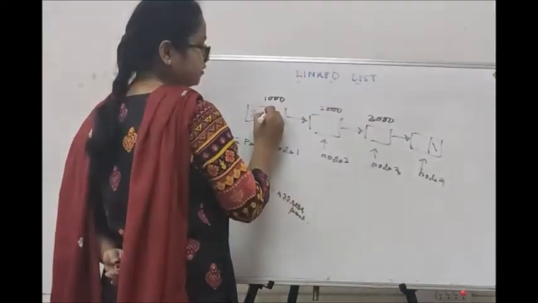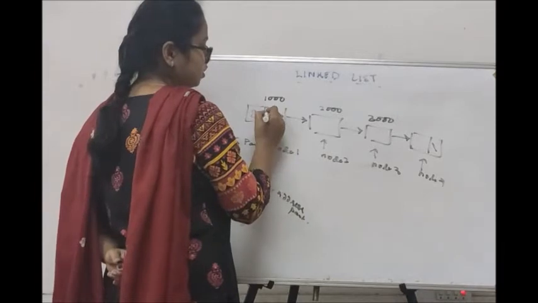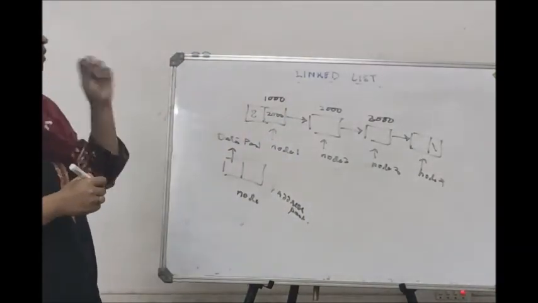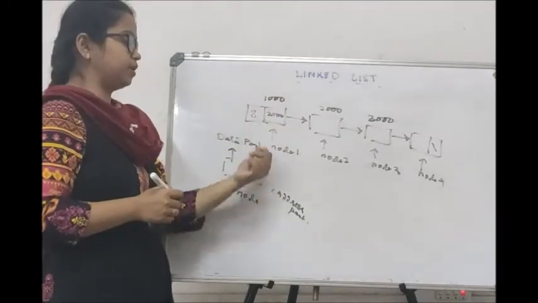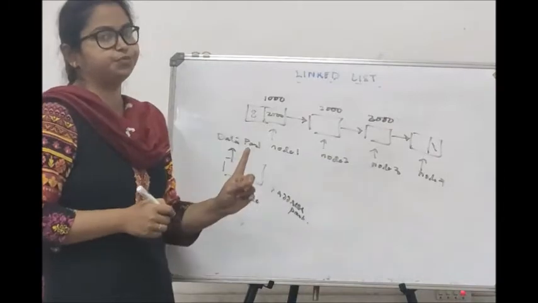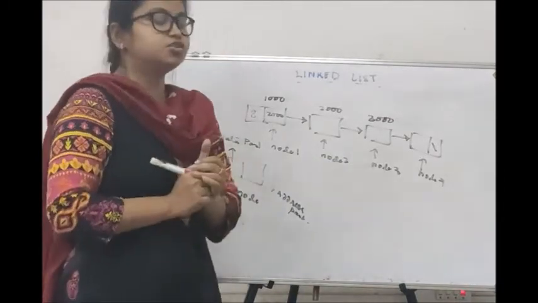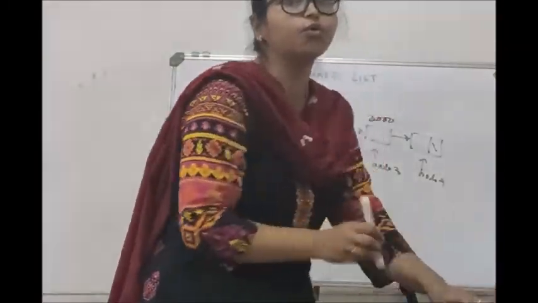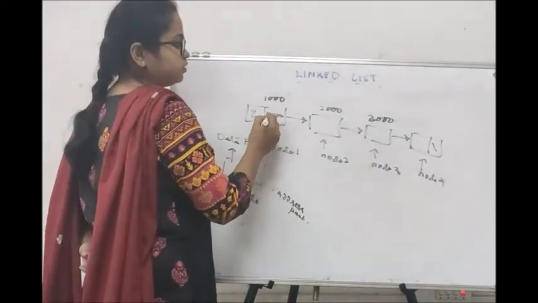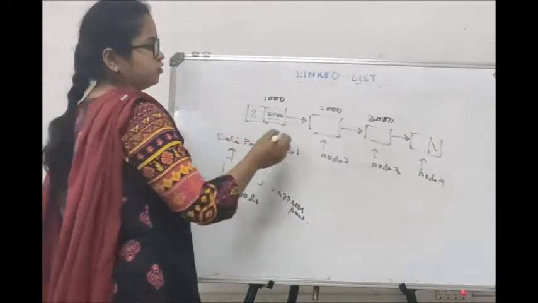Node 2 has address 2000, so 2000 will be stored here. I hope you got the idea of what the address part means. The address part stores the address of the node it points to. So node 1 points to node 2, so it stores the address 2000.